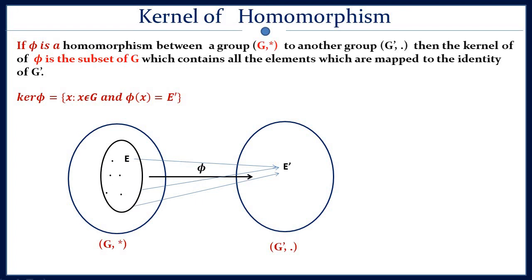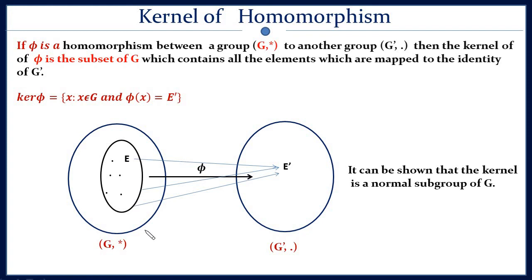So all the elements within this subset which are mapped to E prime, we will call that subset the kernel of homomorphism. And you can easily show that this kernel of homomorphism is a normal subgroup of this group G. First it has to be a subgroup and then it will be a normal subgroup. In the last lecture we have seen the concept of normal subgroup.